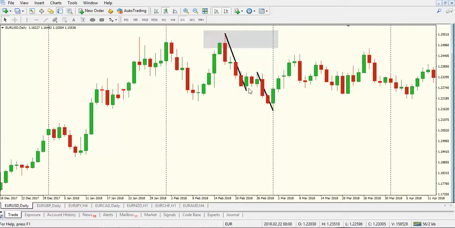The distance from this top down to this is what I refer to as the range. So it's a range from the top to the bottom, and this is the fractal high, and we come down, we form another fractal high, and you realize that it also moved all the way from here to here.